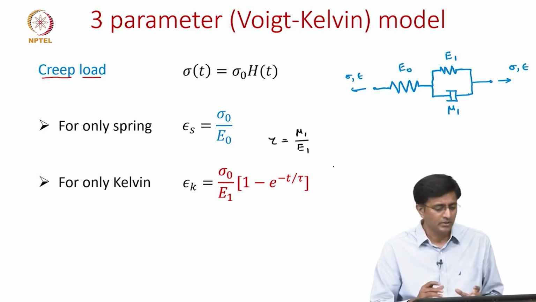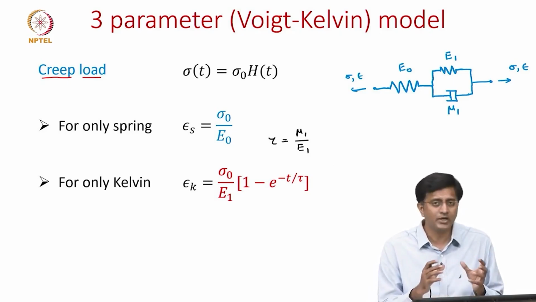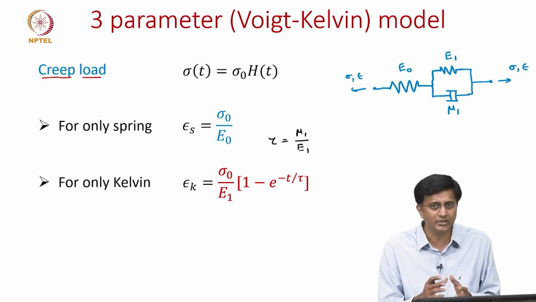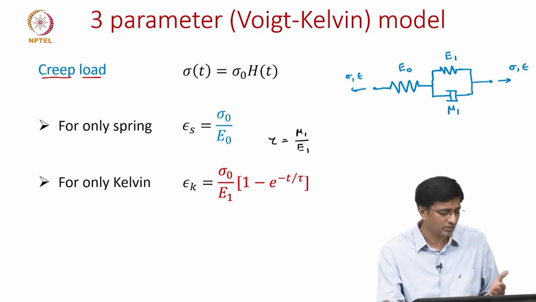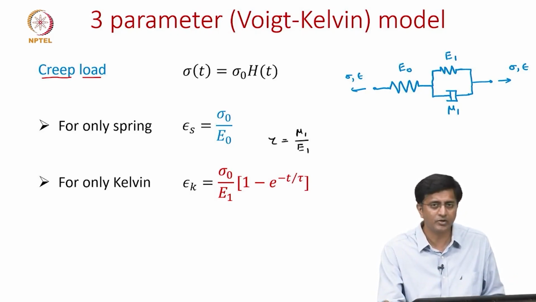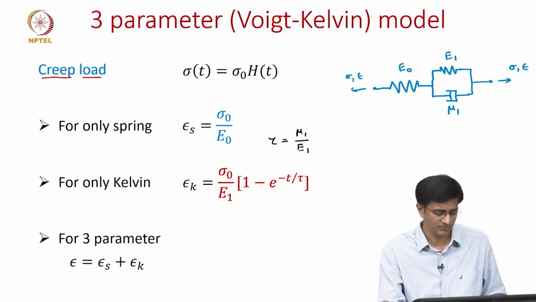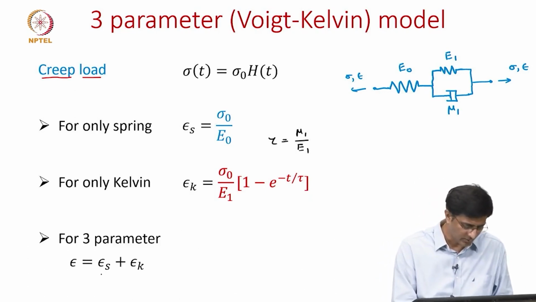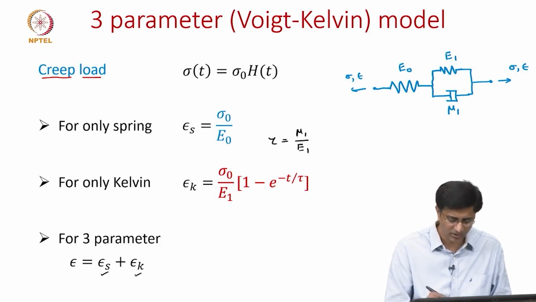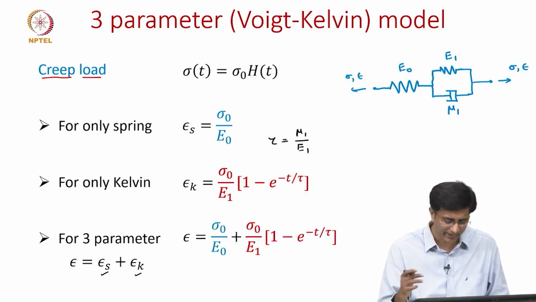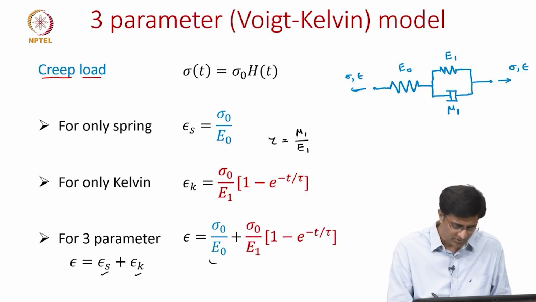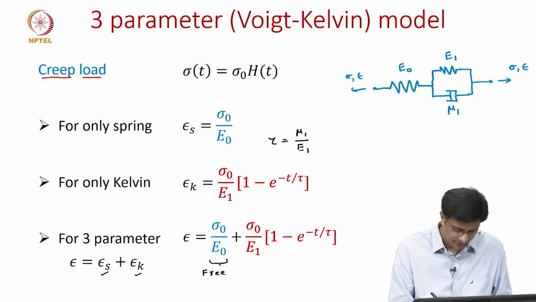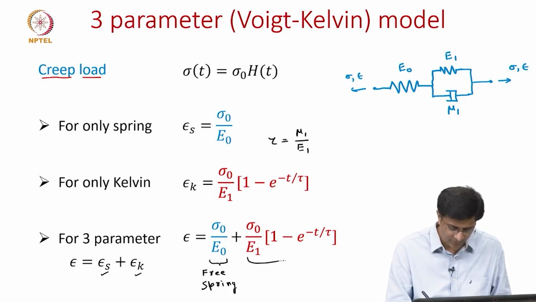Okay. Now, since we already have the strains in the free spring and the Kelvin, writing the strain in the 3 parameter model becomes easy, because it is simply the sum of the strains in the spring and the Kelvin model. So, if we add them together, the first term represents the strain in the free spring, and the second term represents the strain from the Kelvin model.